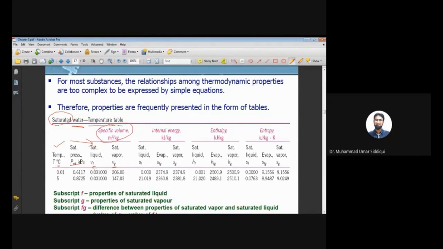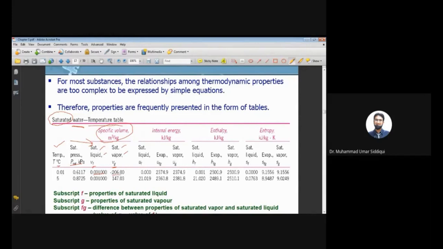So VF means saturated liquid, VG means saturated vapor. Specific volume symbol is V. So VF, whatever the value we have here, that's VF, its unit is meter cube per kg. Then we have VG, its unit is also meter cube per kg. So specific volume for, let's say, water at 0.01 degree centigrade is 206 meter cube per kg.